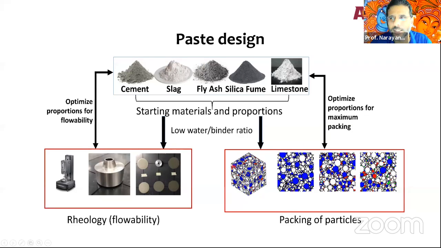So we do it from a microstructure point of view so that we don't have to do a million different experiments. So we try to pack all these in a computer model. You pack all these, and this tells me what proportions of these materials will give me a better packing. And then I'll do some workability studies on that, mini slump cone, etc. And then I will choose what my paste has to be.